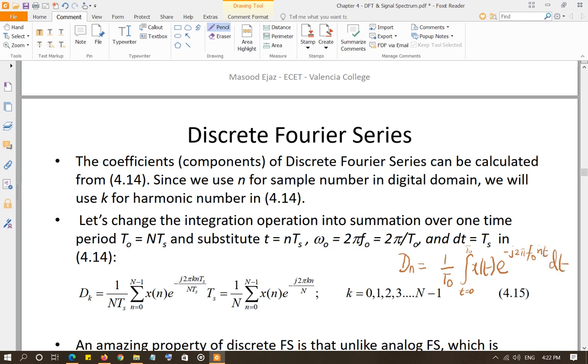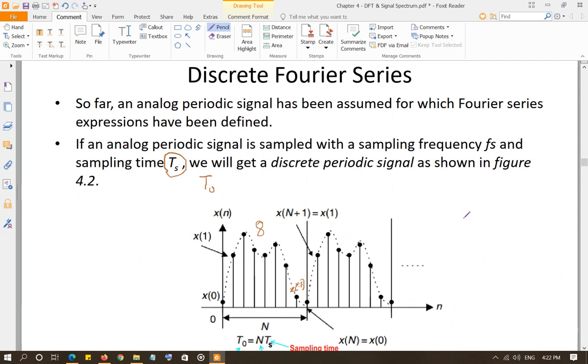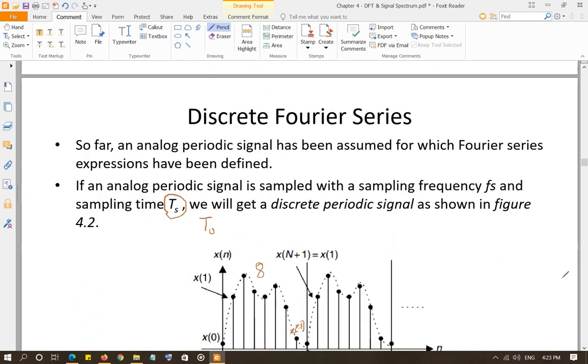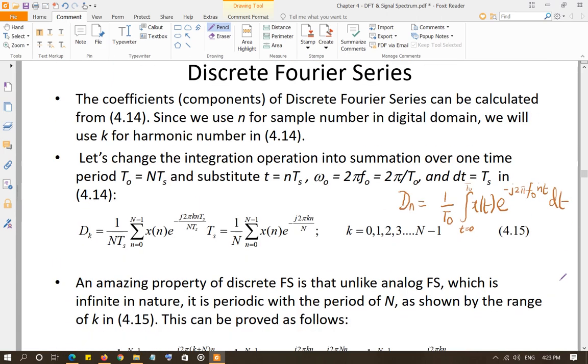Omega naught is 2 pi f naught, of course. Remember, these are the components in the spectrum, on the frequency scale, the spectral components of the signal.